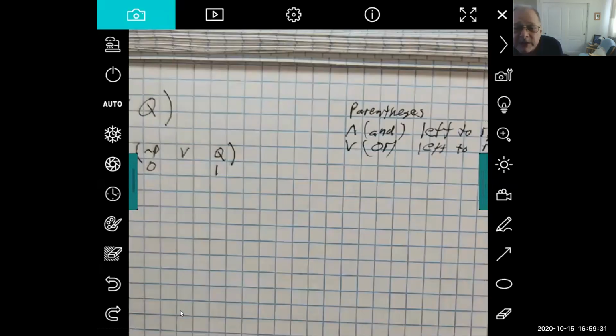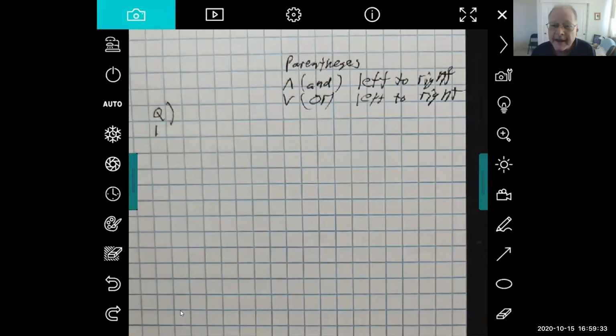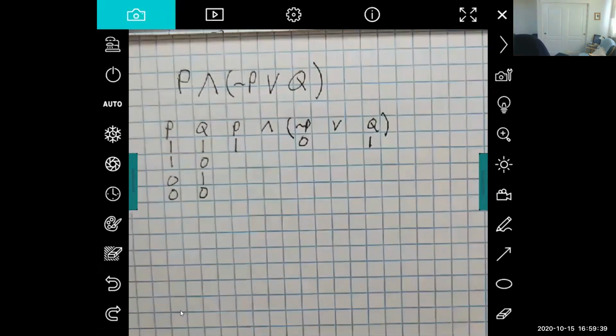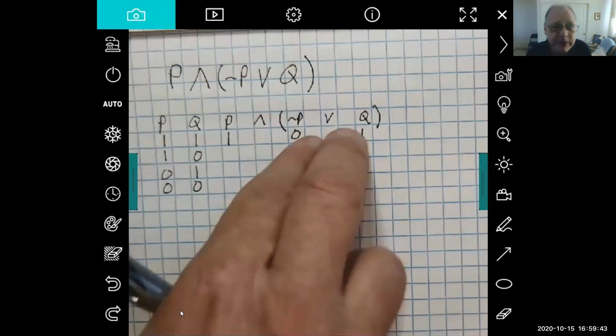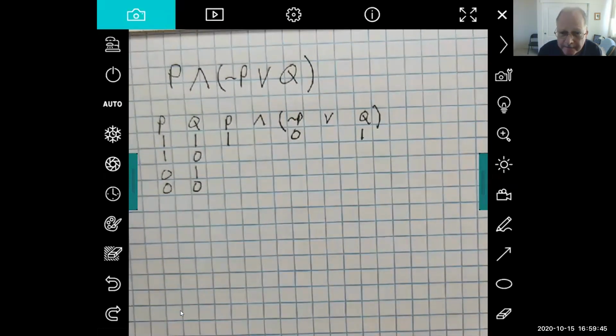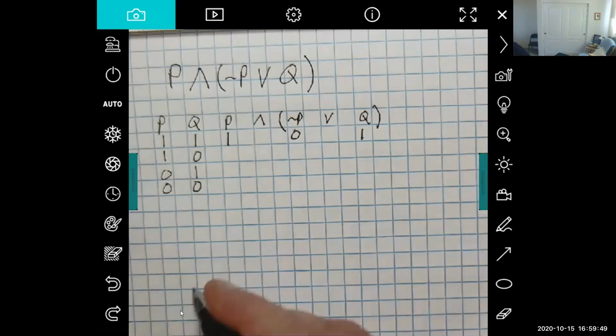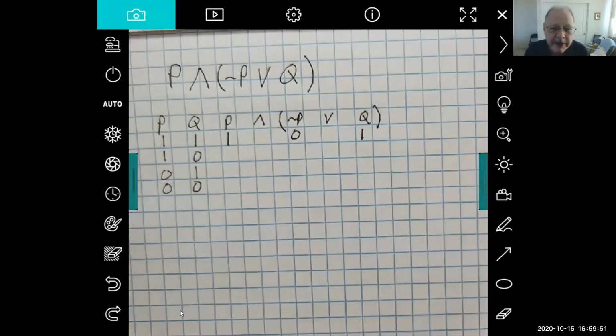So the order of operations, we do the parentheses first, then the ands, and then the ors. We go from left to right. So what's next in the order of operations is we got to work out the value of the parentheses. Let me fill in all the numbers for all the rows, and then we'll do that and.